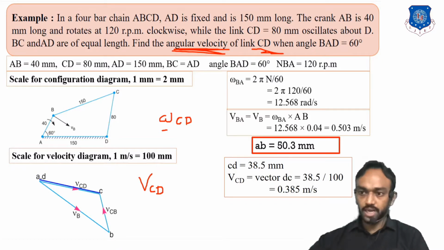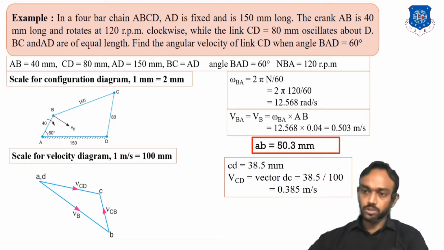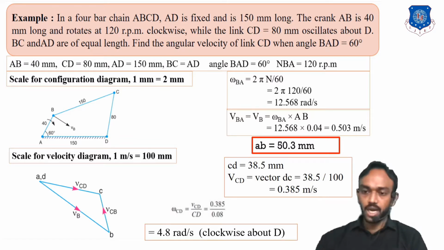So 38 mm is equal to 0.385 meter per second. So this will be the velocity of CD. And when you know the velocity of CD, you can find the angular velocity, because velocity is equal to omega into CD. So omega is equal to velocity upon that length.